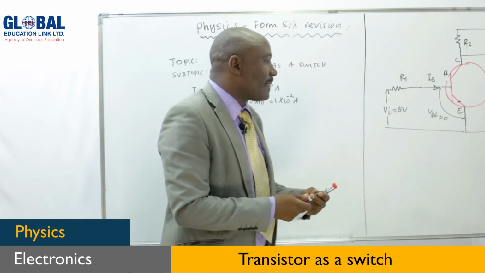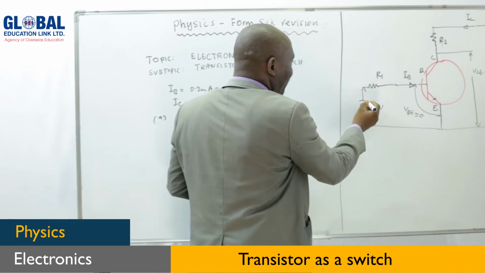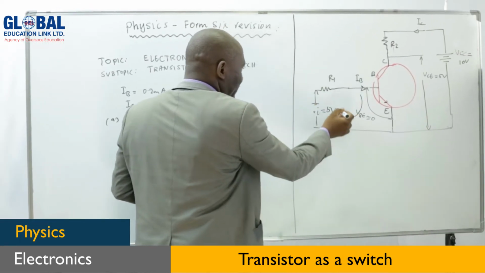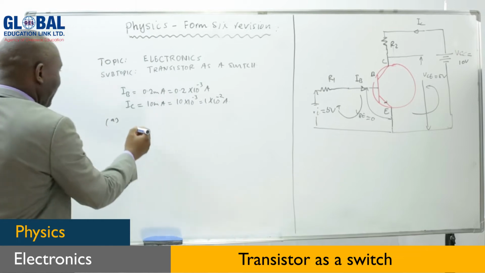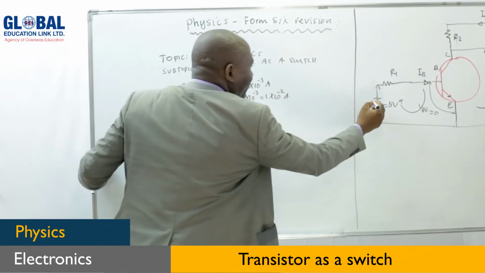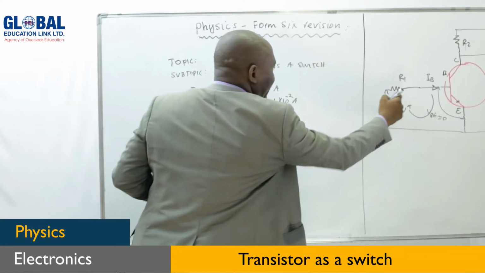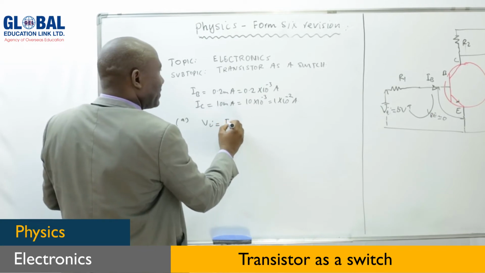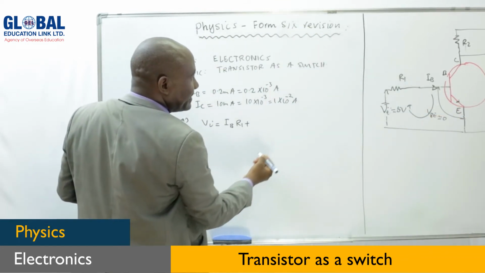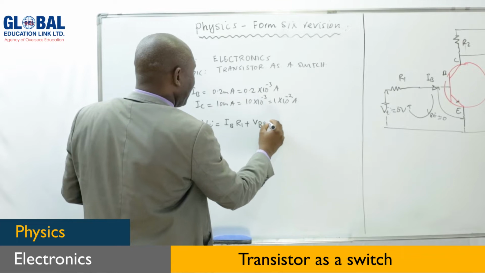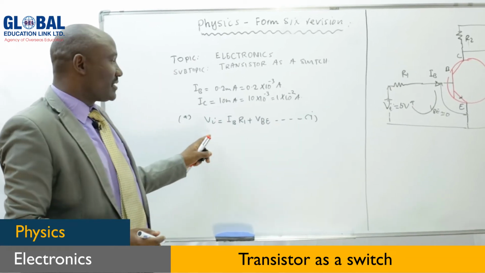If you remember, when applying Kirchhoff's law in loops 1 and 2, for the input, the input voltage equals the voltage across R1, which is the base current times R1, plus the voltage across the junction, VBE. This is the equation which governs the input circuit.